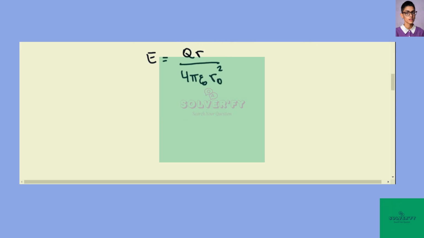Now, for the potential difference, actually let me just write V. I'm going to write V as minus the integral of E dr, and I'm going to leave it as an indefinite integral, so I'm going to add a term in the end.